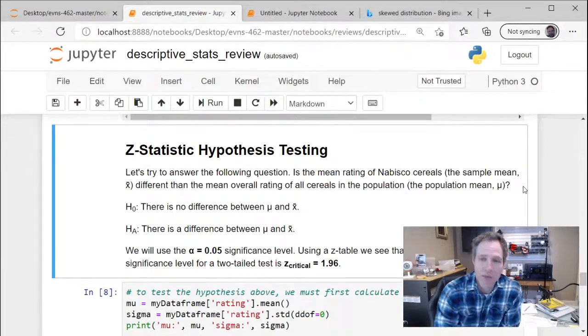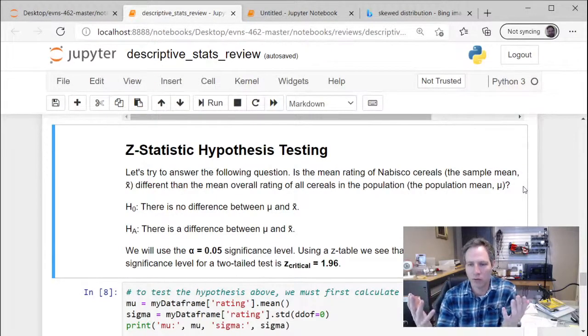What does that mean? Well, we are going to be using probability distributions, and in the case of the z-test, the assumption, which we've skipped over here, is that the data is normally distributed. So we're just going to assume that our cereal overall rating scores are normally distributed for the purposes of this example.